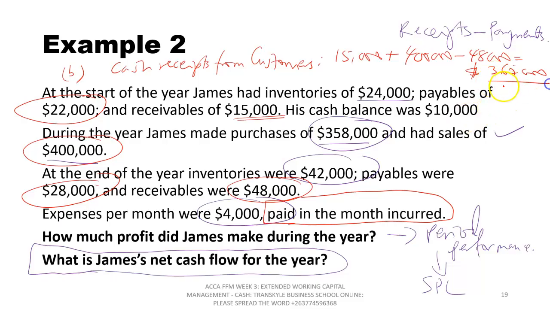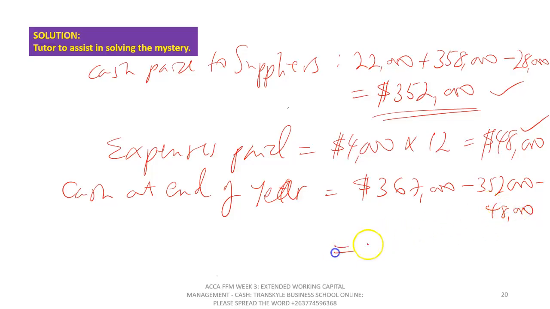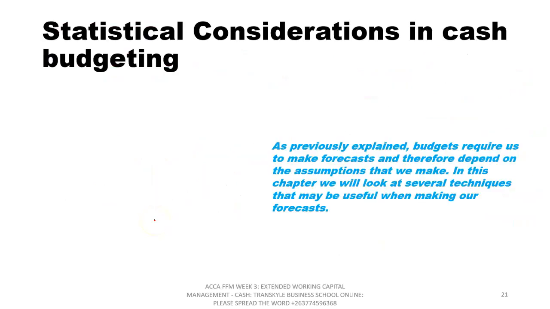They were 367,000 minus 352,000 minus 48,000. And this leaves us at, with the calculator.